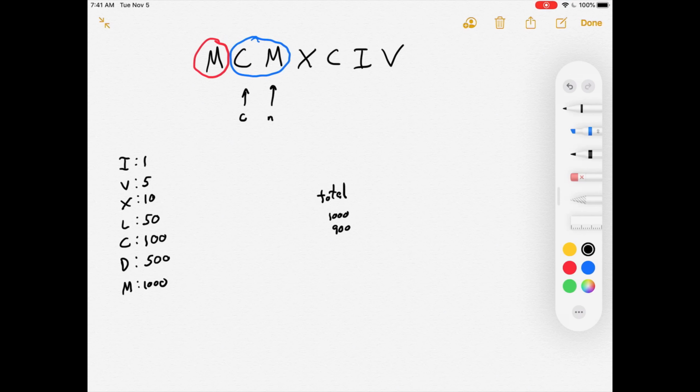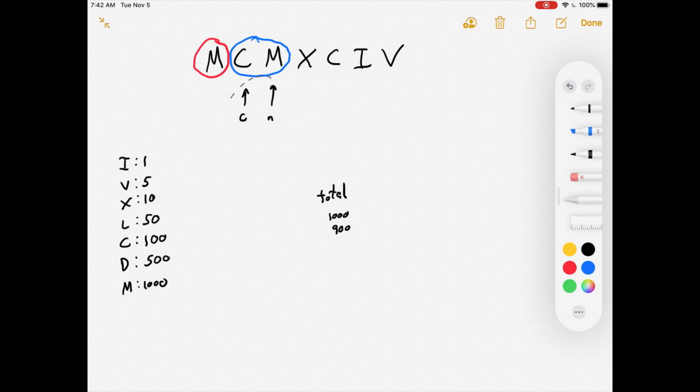This is where this differs from what we just did. What we just did was, when the number on the left was greater than the number on the right, we only added the number on the left to the total. And because of that, the number that was to the right of it was still considered in the next iteration. In this case, because the number on the left was smaller than the number on the right, we've already factored both of those into the total.